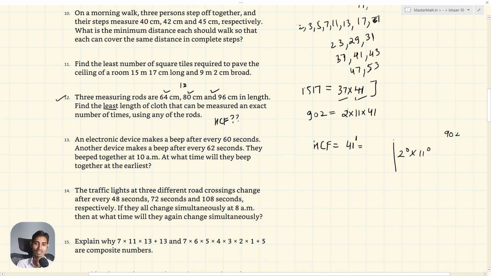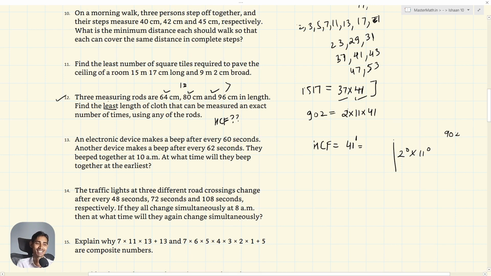And second, the cloth would be a few times, right? 1 meter, 2 meter, 3 meter. So it should be longer than the measuring rod. So the value has to be more than these three values. Is that making sense? Yes, sir.